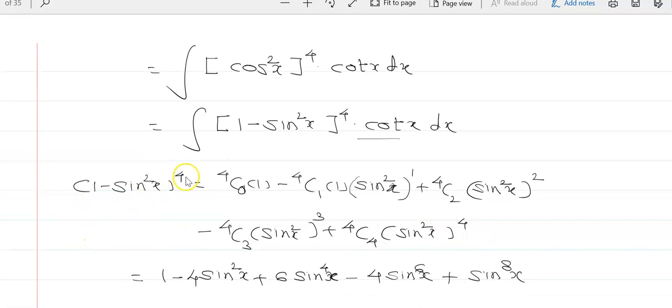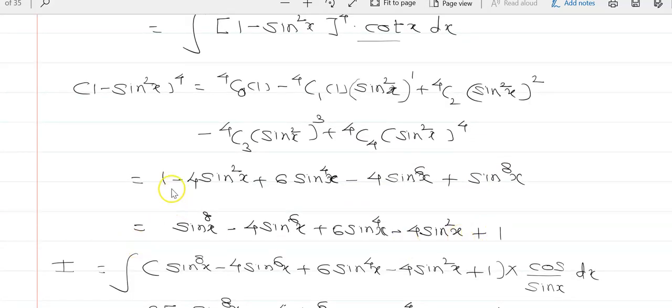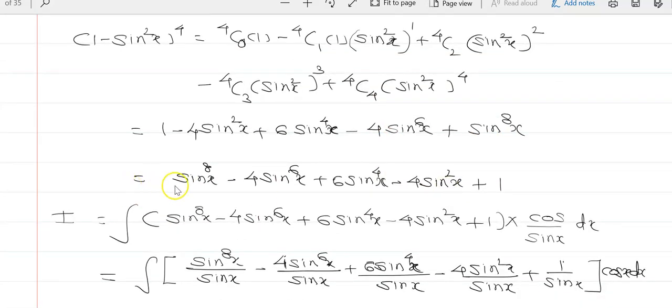Expanding 1 minus sin square x bracket raised to 4: 4c0 1, minus 4c1 sin square x, plus 4c2 sin square x raised to 2, minus 4c3 sin square x raised to 3, plus 4c4 sin square x raised to 4. The value of 4c0 is 1, 4c1 is 4, 4c2 is 6, 4c3 is 4 and 4c4 is 1, and in this way we get the terms sin of x raised to 8 minus 4 sin of x raised to 6 plus 6 sin of x raised to 4 minus 4 sin square x plus 1.